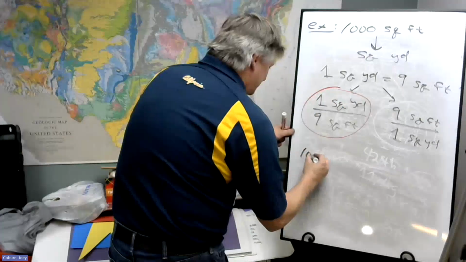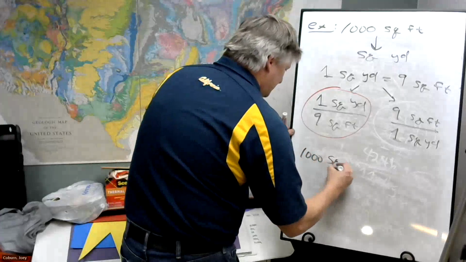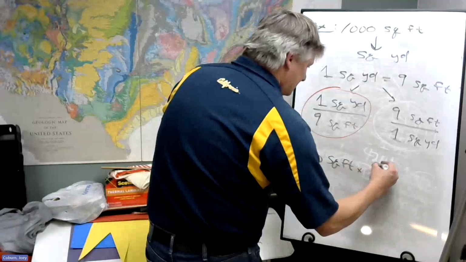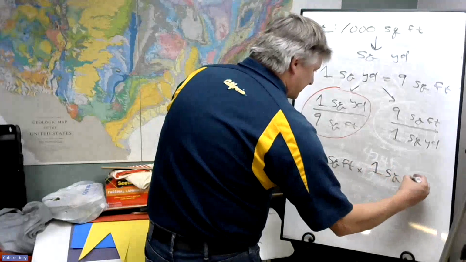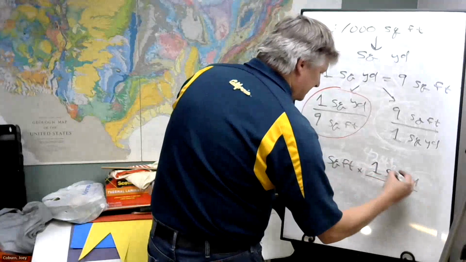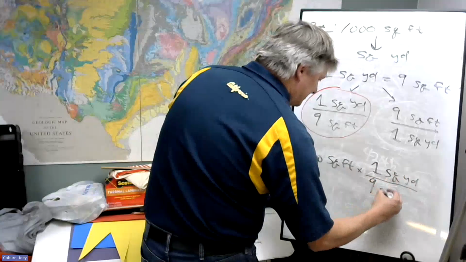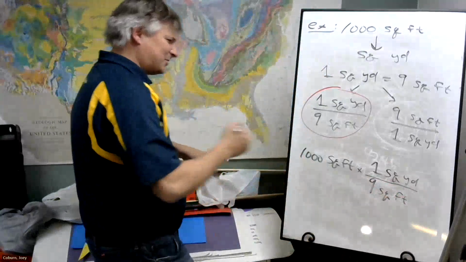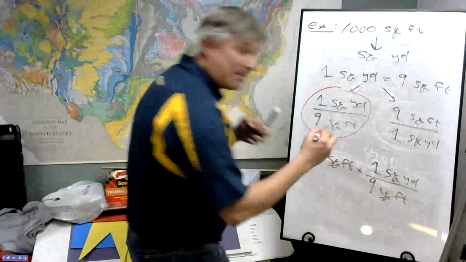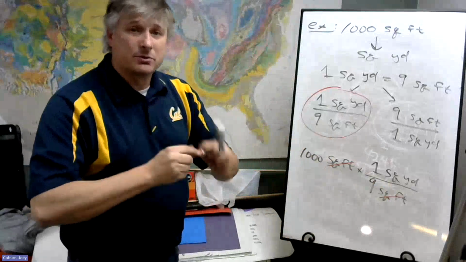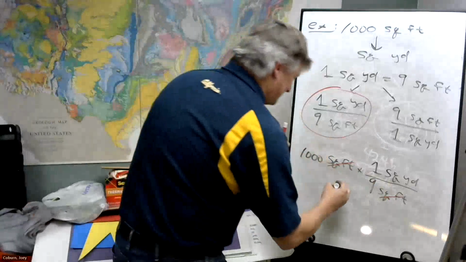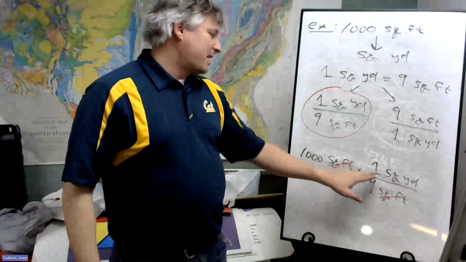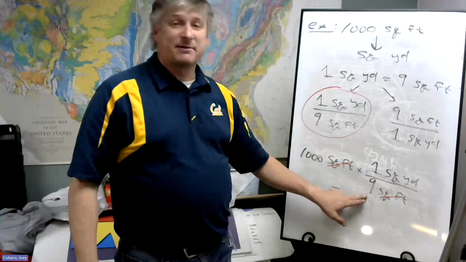So 1,000 square feet times 1 square yard divided by 9 square feet. So square feet will cancel, top and bottom, and that tells us we're doing this correctly. So what we have, 1,000 times 1 square yard divided by 9.